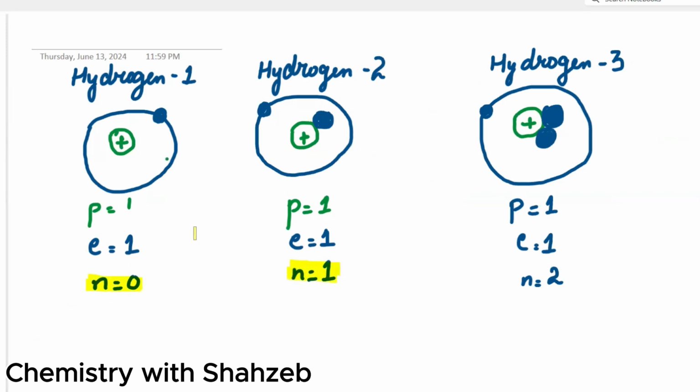You can see that they have the same number of protons and the same number of electrons. But as you can see, hydrogen 3 has 2 neutrons present in it. So it fulfills the definition that isotopes have the same number of protons and electrons, but a different number of neutrons.